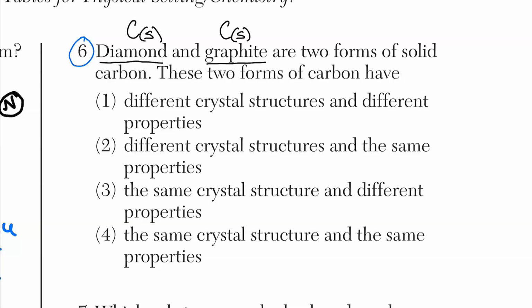Now clearly diamond and graphite have different properties. So if they have different properties, I say this statement over and over again: structure is king. We know that if you compare molecular formulas, a different arrangement of atoms in compounds will give you different properties.